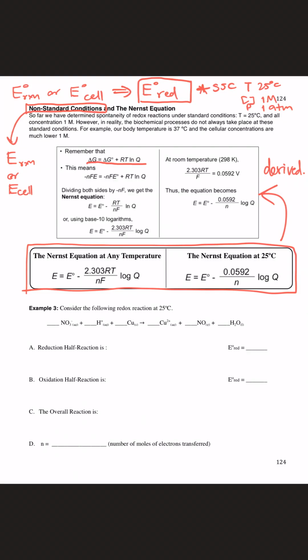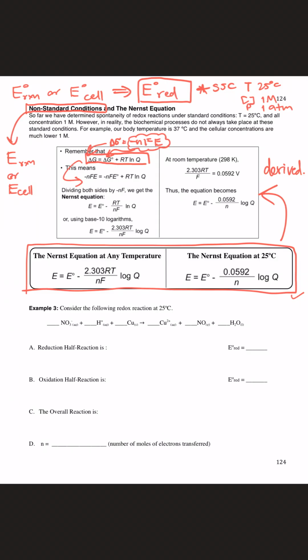According to the non-standard condition of the Gibbs free energy and its relationship with the standard condition of the Gibbs free energy, combined with the fact that delta G is equal to negative nFE, you are able to replace this term right here with the delta G part, right? Therefore, you get this equation right here, rearrange it, and you eventually get the Nernst equation. Okay, so these two Nernst equations will be provided for you.